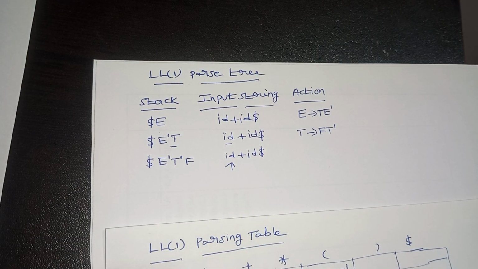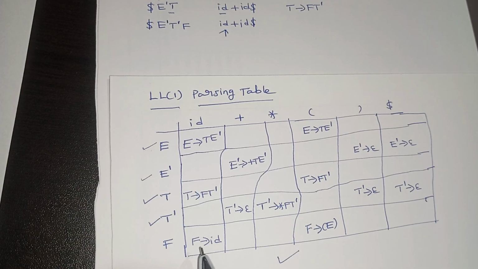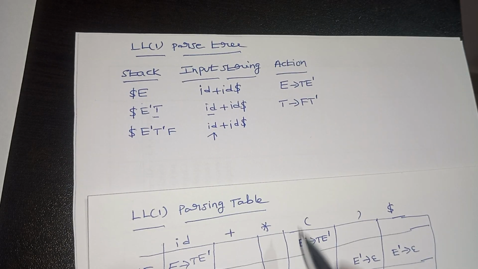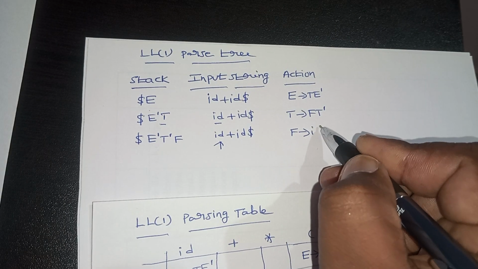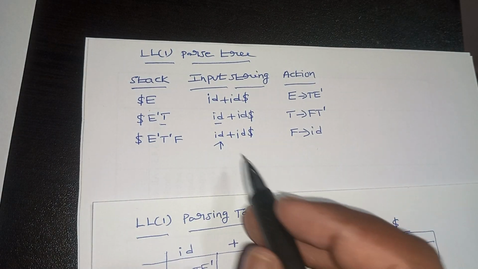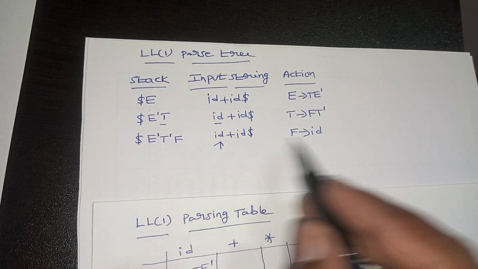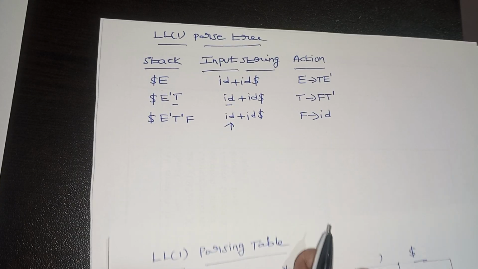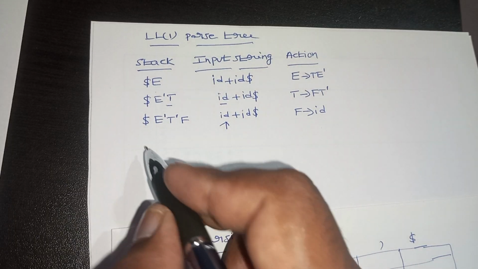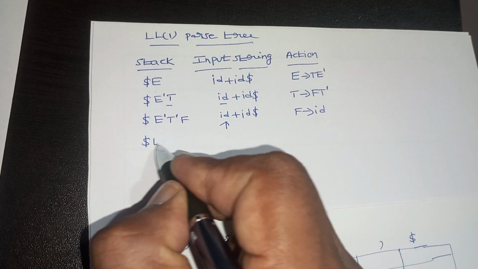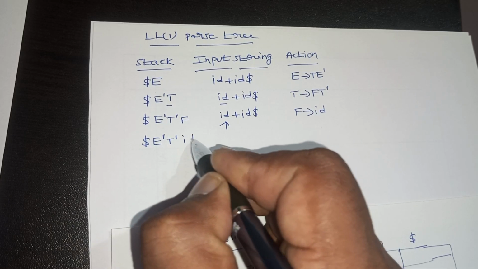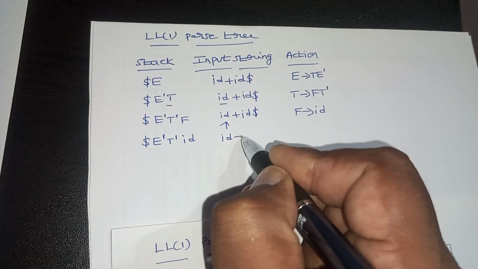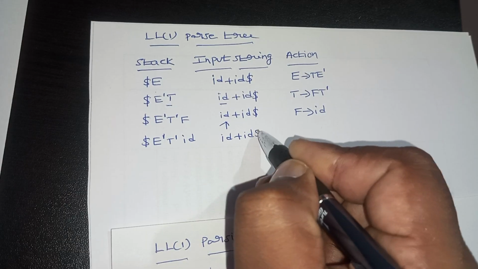What is F on id? F on id is F tends to id. You write here F tends to id. Then in the place of F you write id: dollar E dash T dash id, with input id plus id dollar.